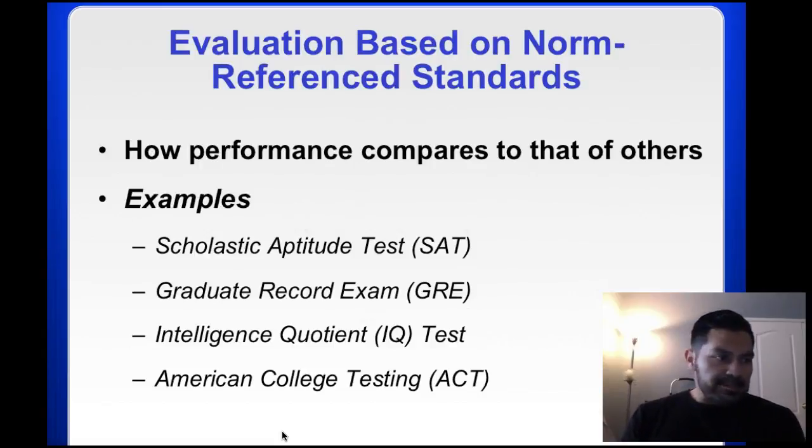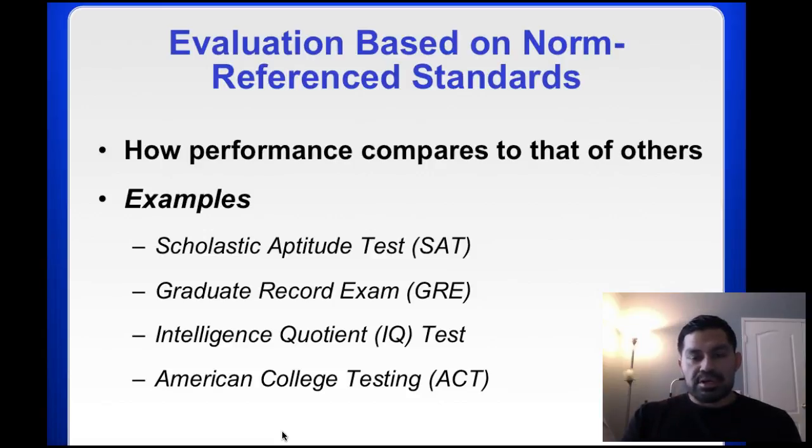The two main types of evaluation that we're going to cover are norm reference and criterion reference. So norm reference compares your score to that of others. Here are a few examples: your SAT scores, your GREs.